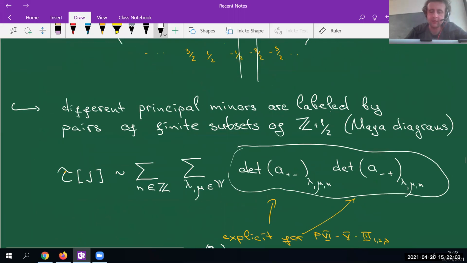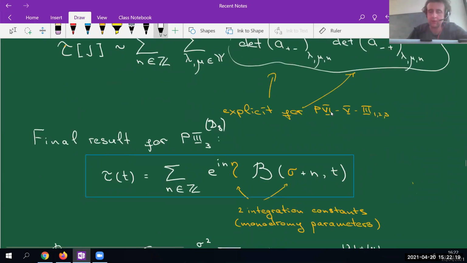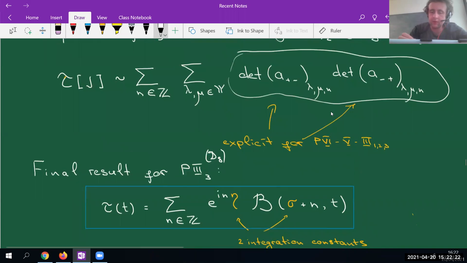So basically what I have done, I took this formula, which was a summation over integers followed by a double summation over Young diagrams. And then, because of a certain symmetry of these minors, it turns out that the result is just a kind of Fourier transform of some function, which depends on the variable t, which is the Painlevé variable, and one monodromy parameter sigma.